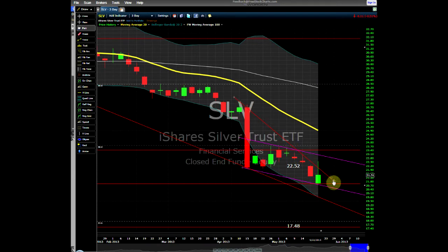If this continues down, it kind of depends on which one of these resistance levels is more significant. If this thing follows along this line, you've got sometime in June 4th that you could end up down here at the ETA.